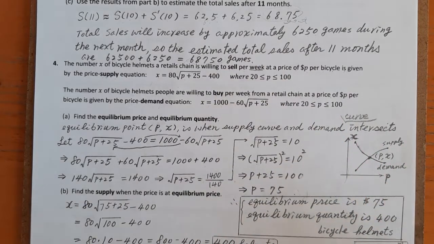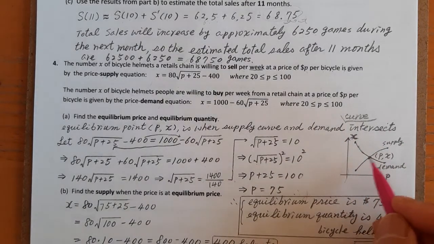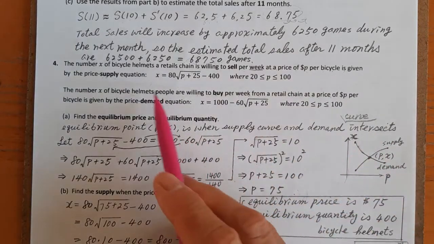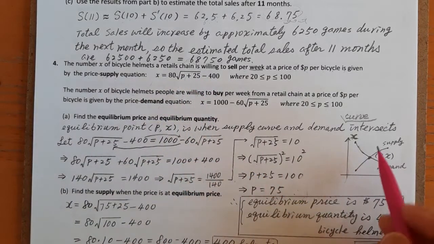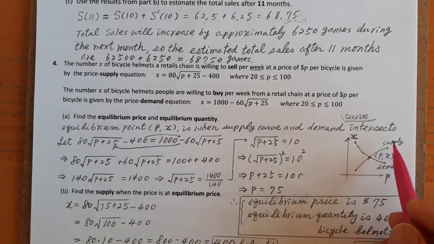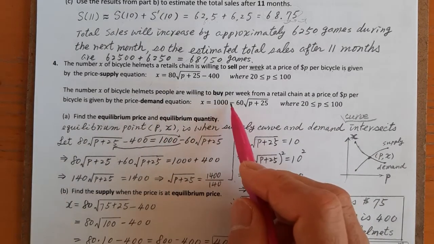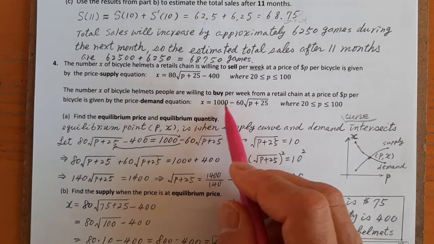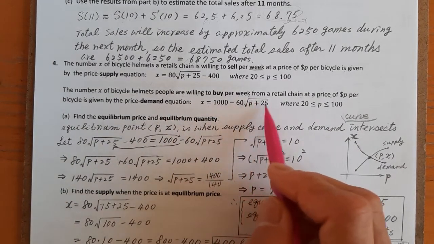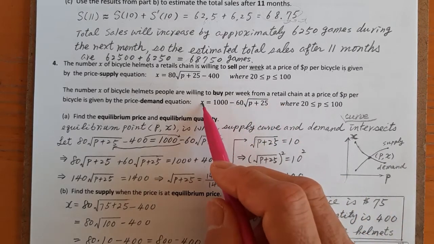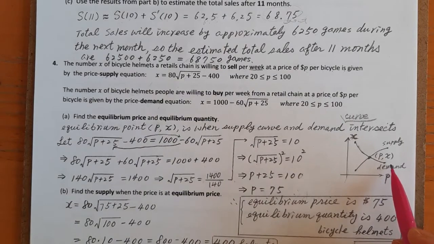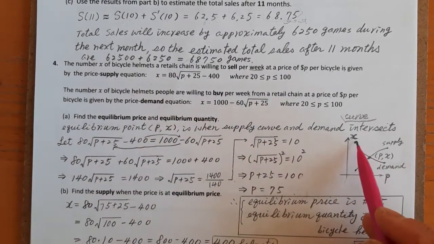How many units? The supply equation is an increasing function. You can see here, this minus this is an increasing function. And the demand is a decreasing function, because 1,000 minus this part is always positive. So when P increases, X decreases.